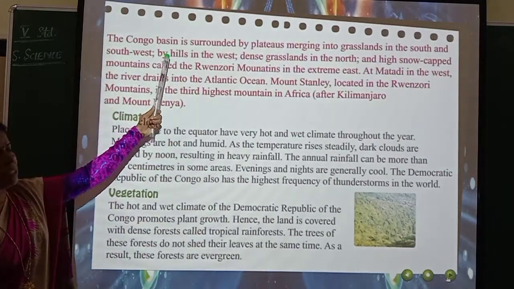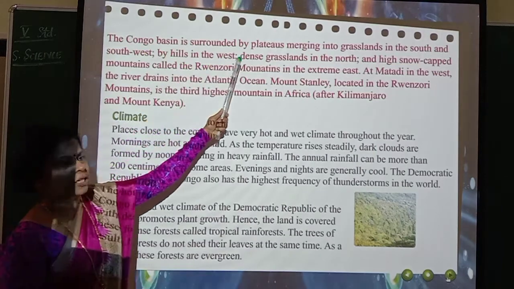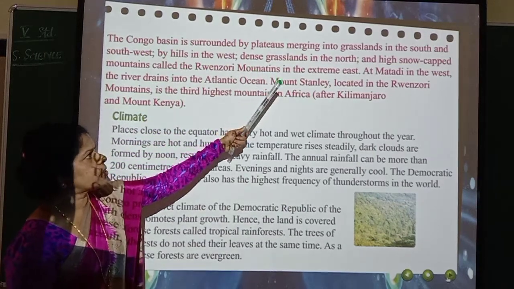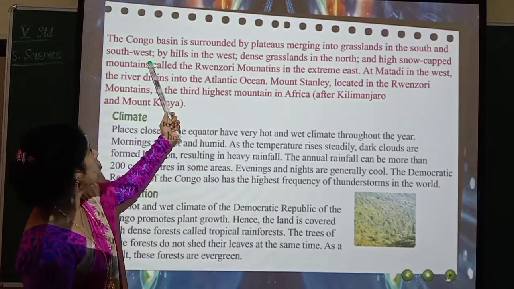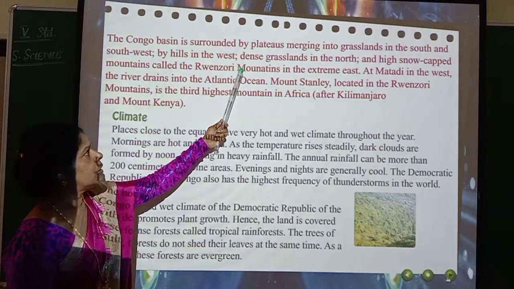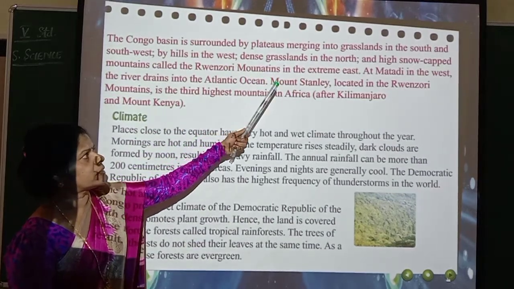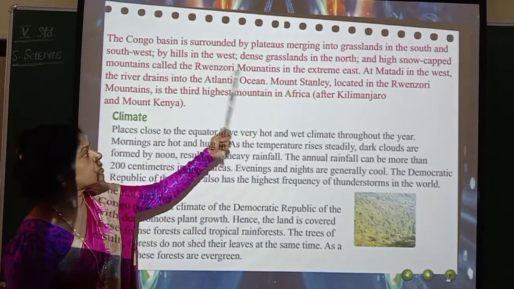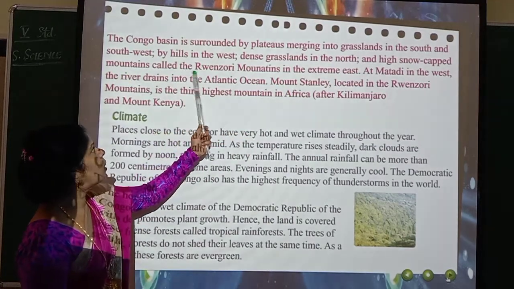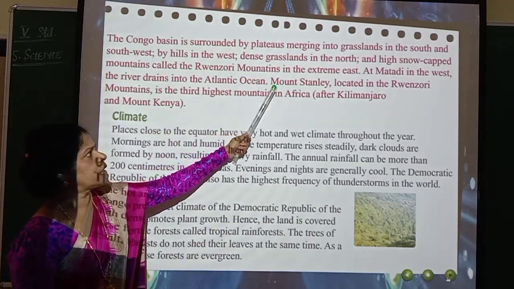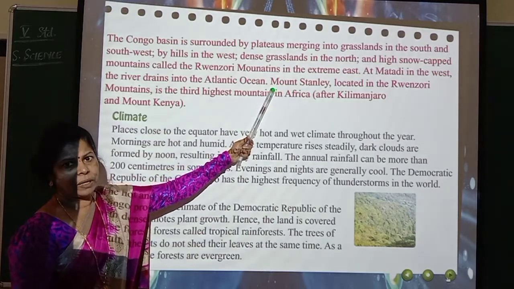The Congo Basin is surrounded by plateaus merging into grasslands in the south and southwest, by hills in the west, dense grasslands in the north, and high snow-capped mountains called the Rwenzori Mountains in the extreme east.